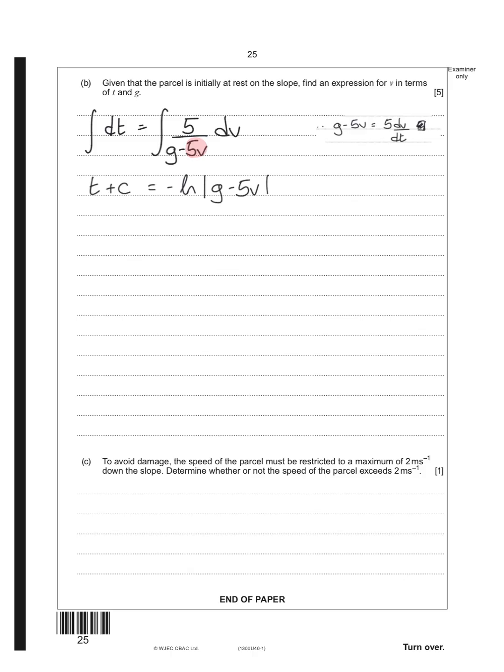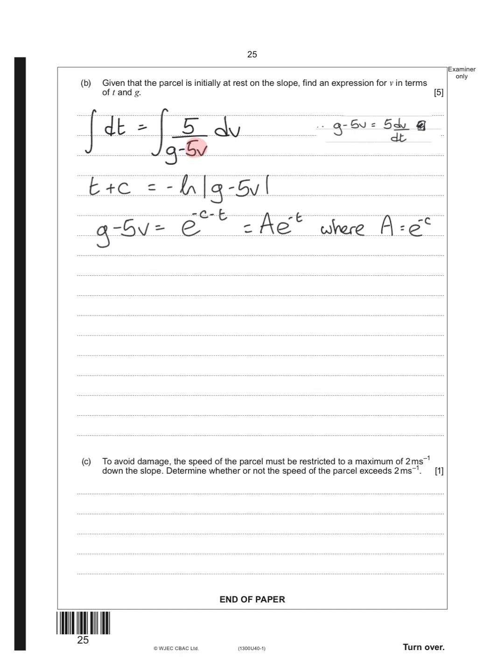I'm going to use the initial conditions. I'm going to say that g minus 5v is equal to e to the power minus c minus t, which is going to be a e to the minus t, where a is e to the minus c.